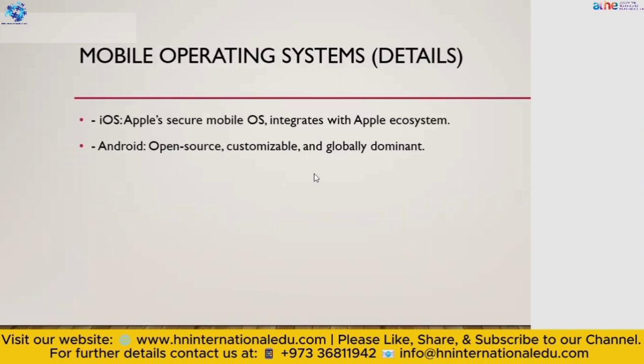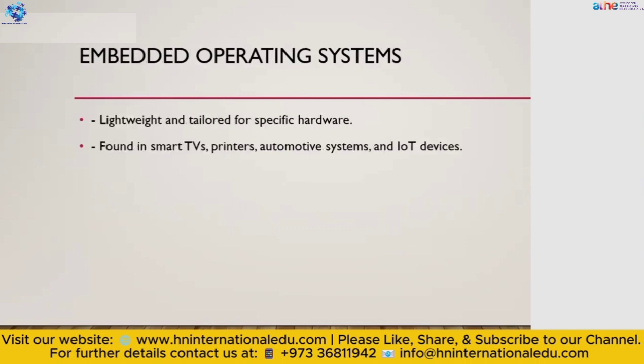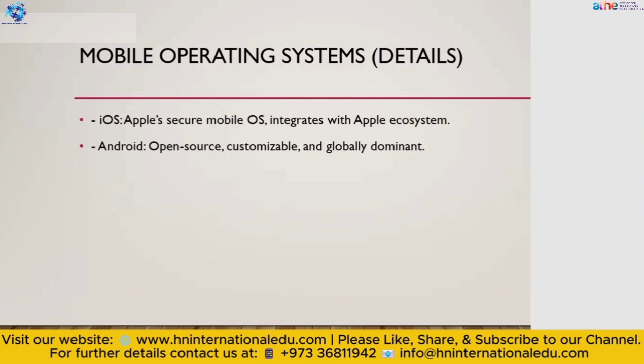There are other examples related to mobile operating systems. These are iOS and Android. Mostly in different mobiles we have Android. It is open source, customizable and globally dominant. Mostly people have Android. If you have an iPhone, there will definitely be the iOS operating system in that.